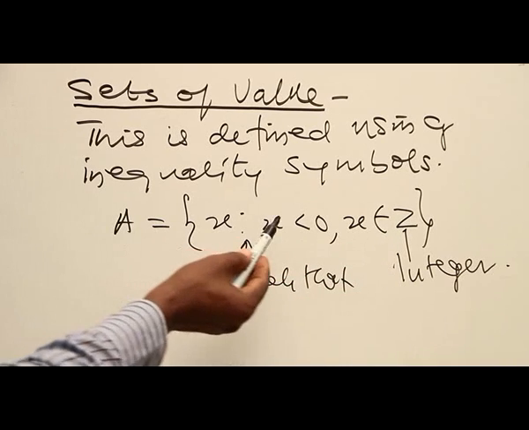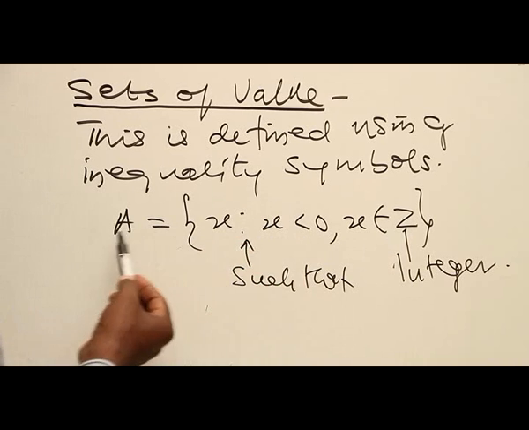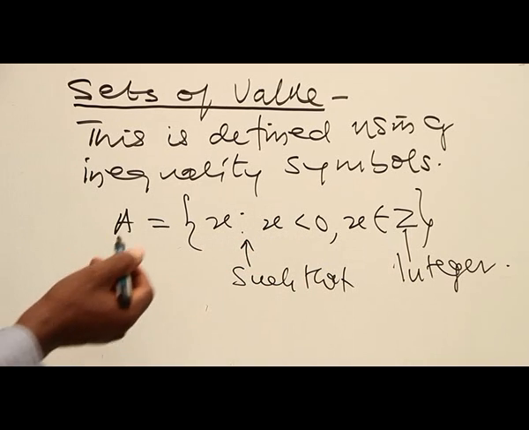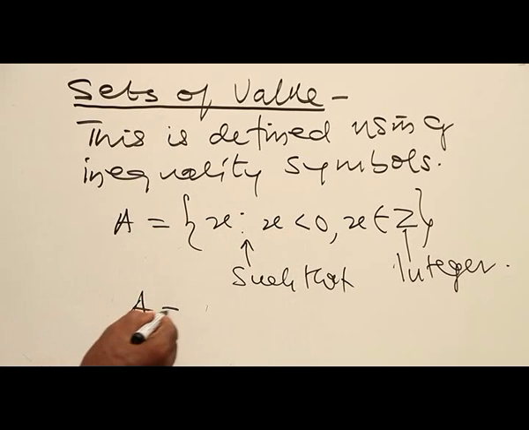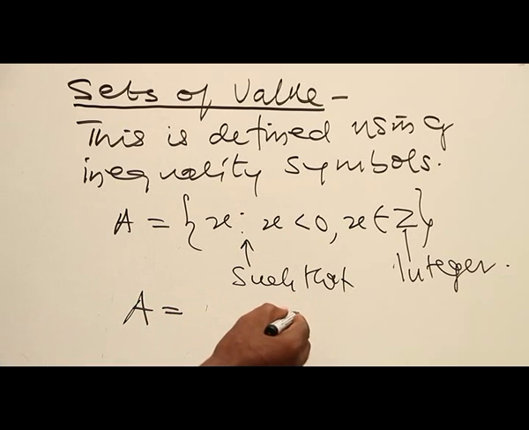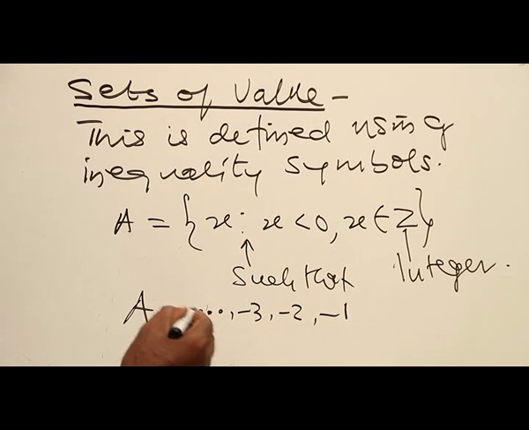We have now used the symbol less than to define the set A, and we may be asked to list the elements of this set. So our A, by listing the elements, starts from, remember we have many numbers, less than 0, being an integer, the next one is minus 1, and then minus 2, and then minus 3, and then ellipsis.